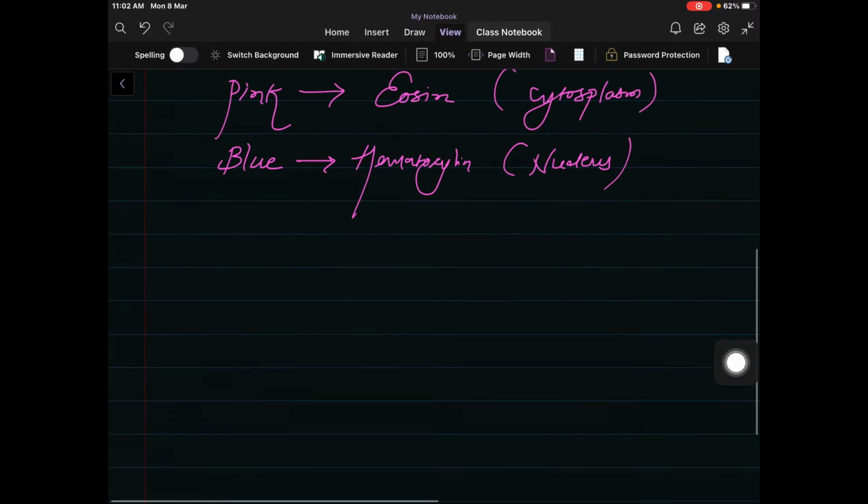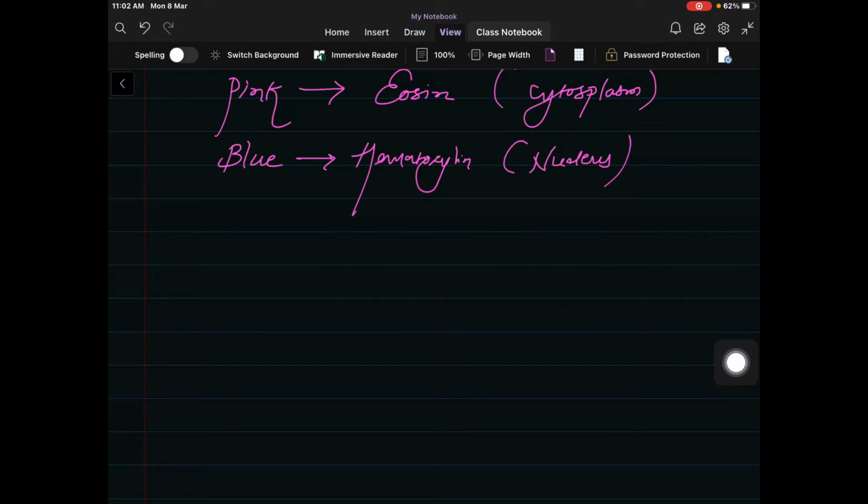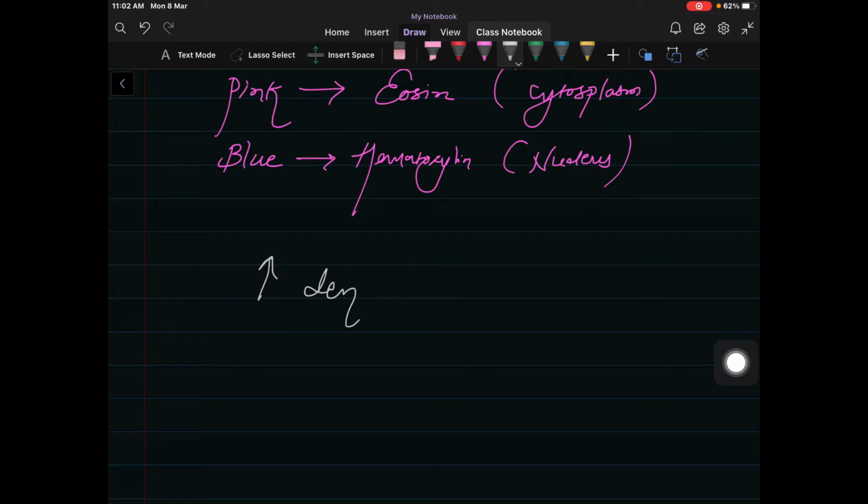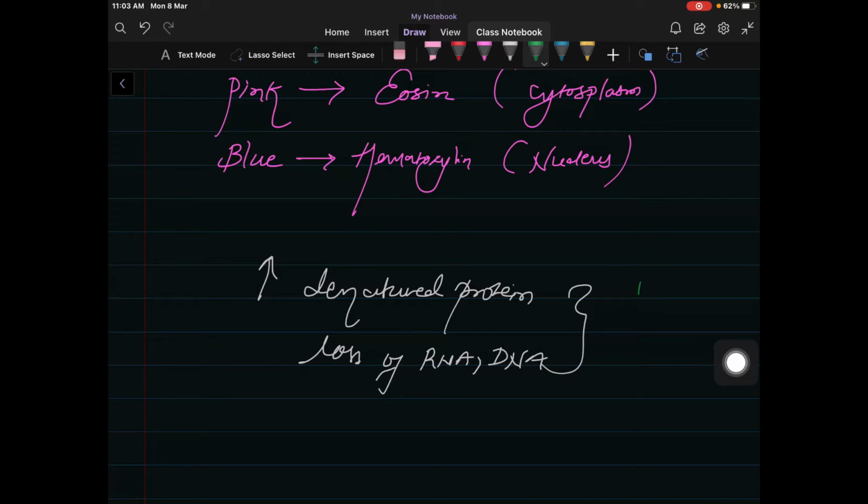So the eosinophilic color increases as there is denaturation of the protein inside the cell. As there is an increase in denatured protein, or if there is loss of RNA or DNA, it will lead to an increase in the eosinophilic color.